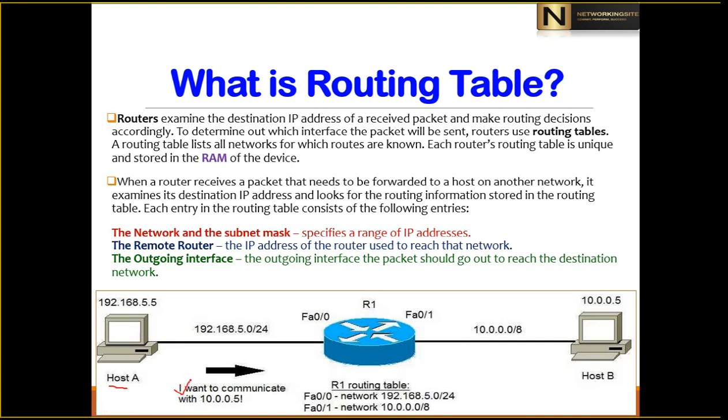It will send the packet to router 1, which will check in the routing table, am I able to reach the 10.0.0.0 network? It will say yes, you are reachable, and then it will forward. If it checks its routing table and the information is not there, it will drop the packet. So whenever a router takes a forwarding decision, before forwarding, the router checks its routing table.